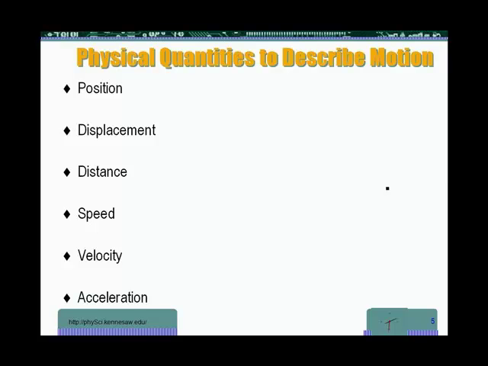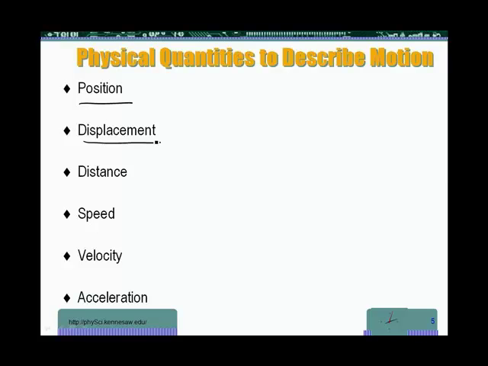Now, to describe motion, we need some quantities. One of the quantities we are going to use is what we call position. To be able to describe how something is moving, it's going to help to know where it is to begin with. That's where the position comes into play. And then we are going to talk about displacement.